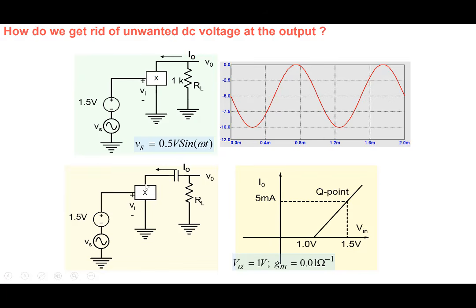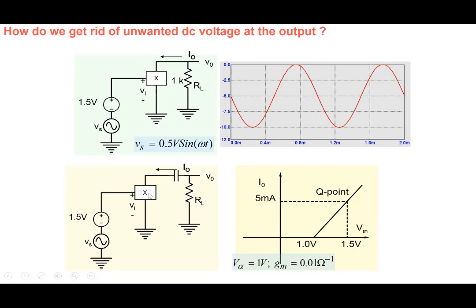When you apply 1.5 volt here, assume for a moment that there is no signal here. So when you apply 1.5 volt, you would like to operate here. You would like 5 milliamperes of DC current to flow. Right? So if you put a capacitor directly here, where would that 5 milliampere current flow? There is no path for the current here.